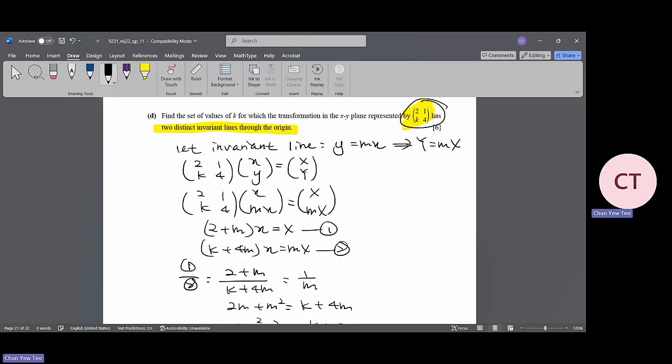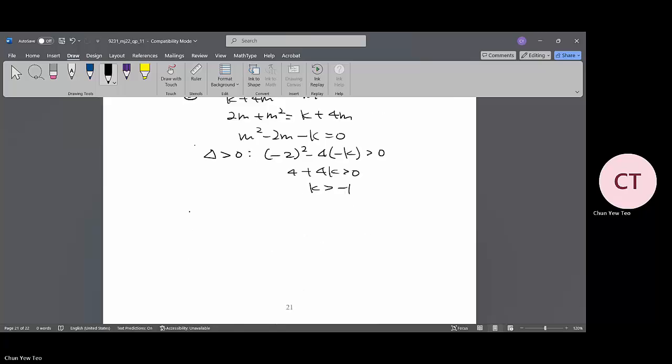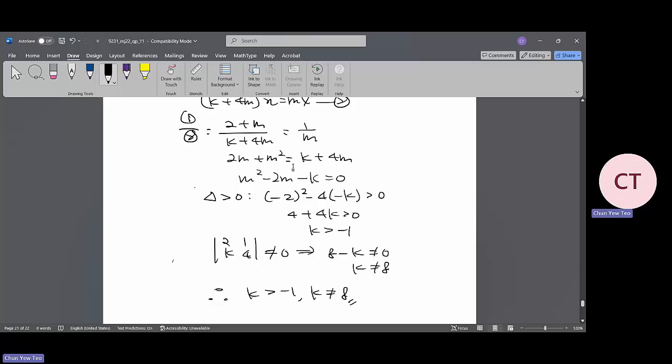The determinant of this matrix cannot equal 0. So your determinant is not equal to 0, that means x minus k not equal to 0. So therefore your k is not equal to 8. So therefore your k is greater than negative 1, but the k cannot equal 8. That is all. So this is the answer for the question number 7D.